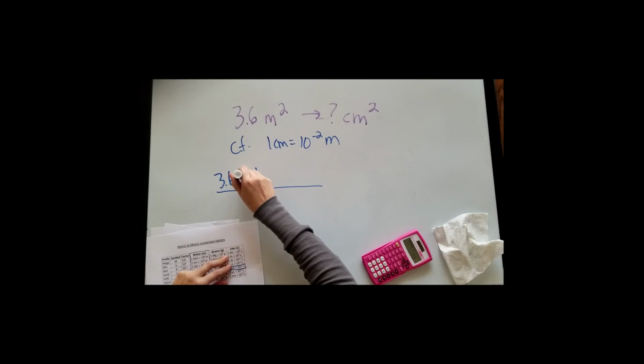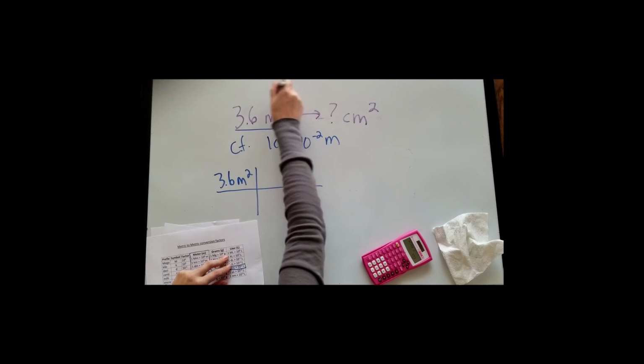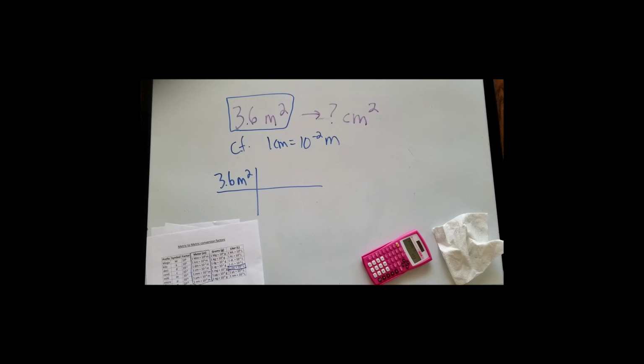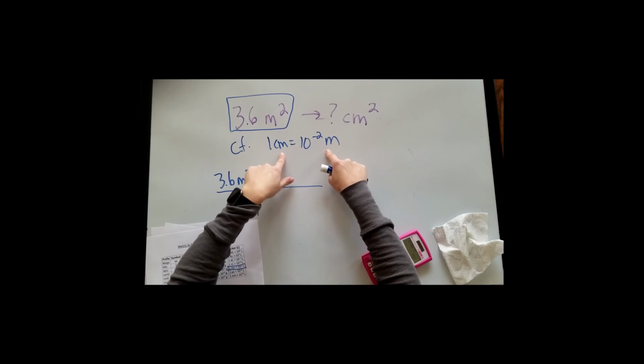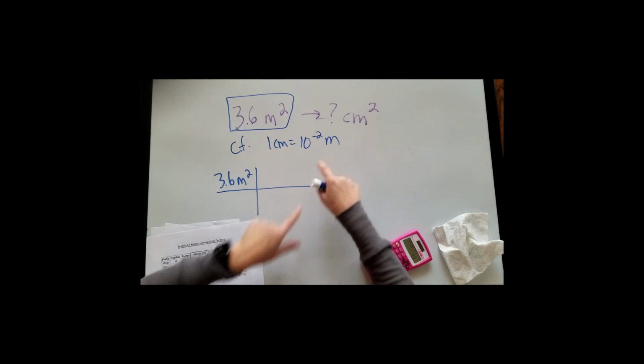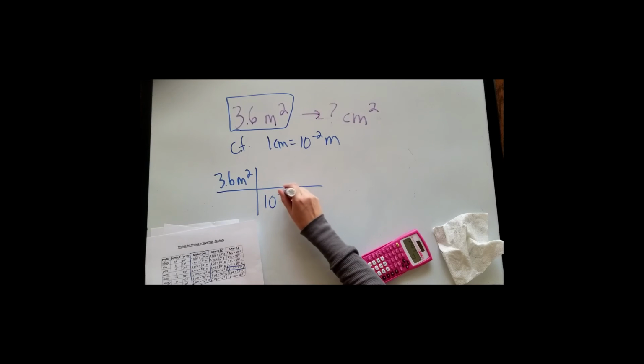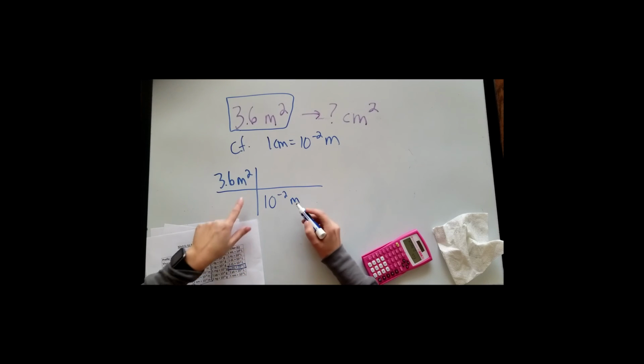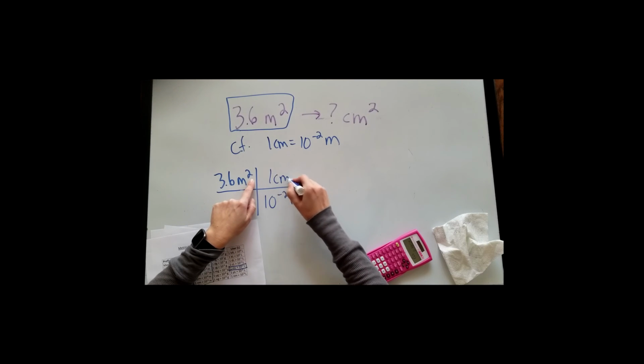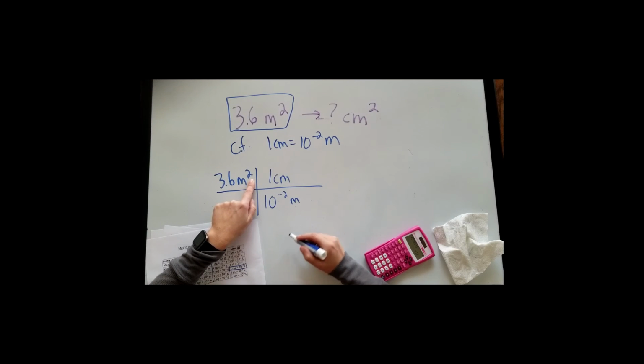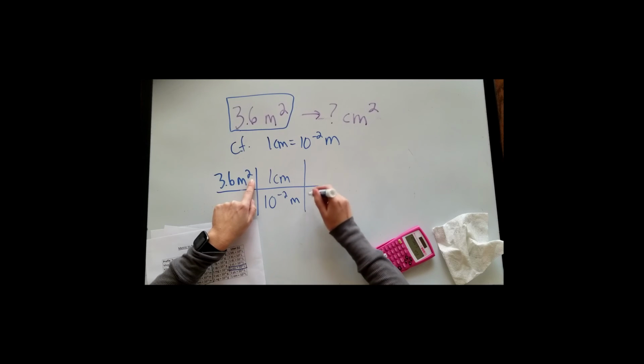So when I start my railroad tracks, I'm approaching it the same, starting with the original number given in the problem. Now, if I use this conversion factor, I want the meters on the bottom, but notice that only cancels out one of these two. So what I need to do is I need to use this conversion factor twice.